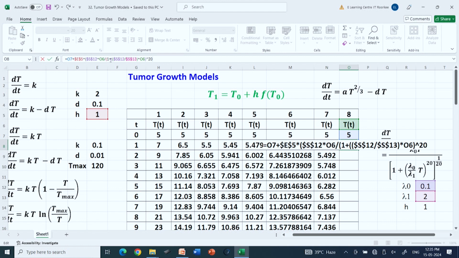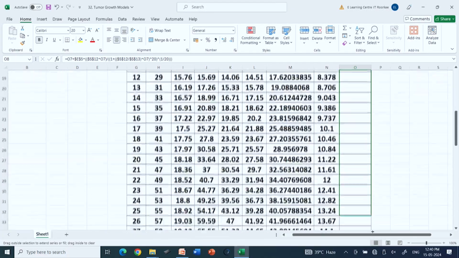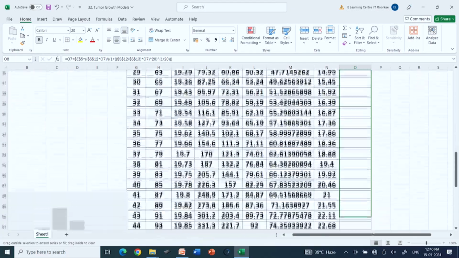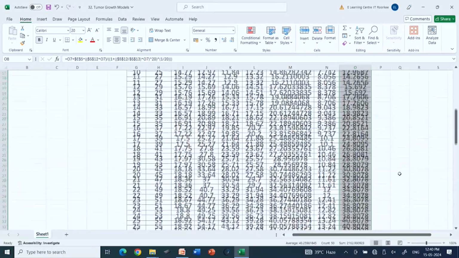So, from 1 again till this one to the power 1 by 20. Okay, let's see. So, we get here 5.5, and then we drag this till say 50 values, and I get these values.